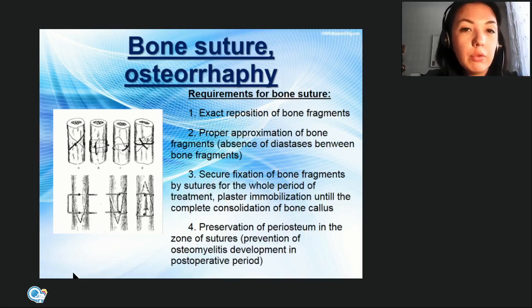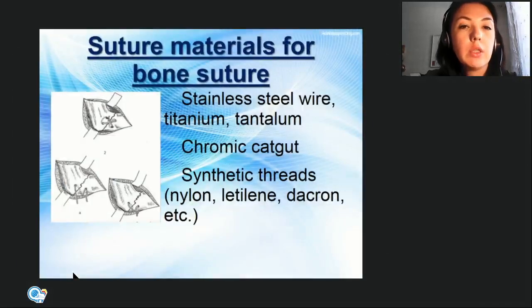Well, certainly for the bone suture, we have discussed it at our first class, I think. Special suture materials are used because bone is very firm, solid, yes. And so usually stainless steel wire is used, or titanium or tantalum. Chromic catgut can also be used.